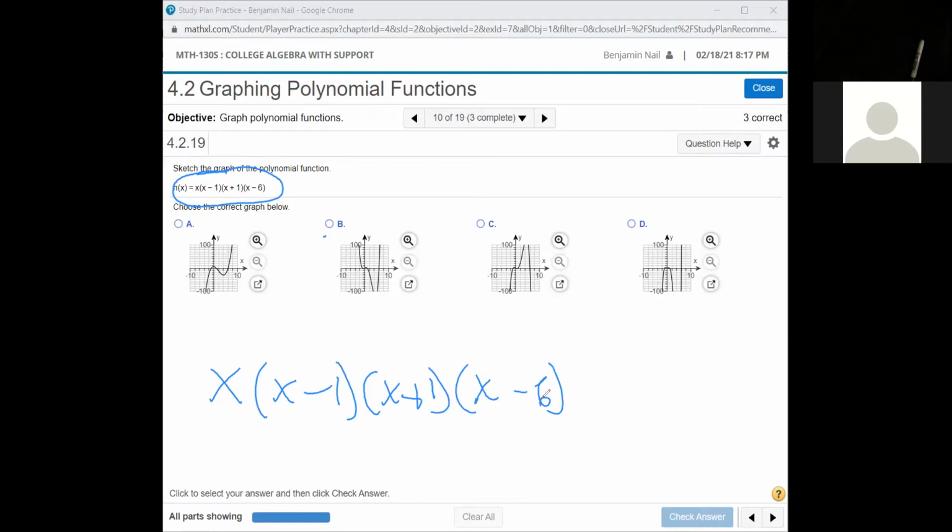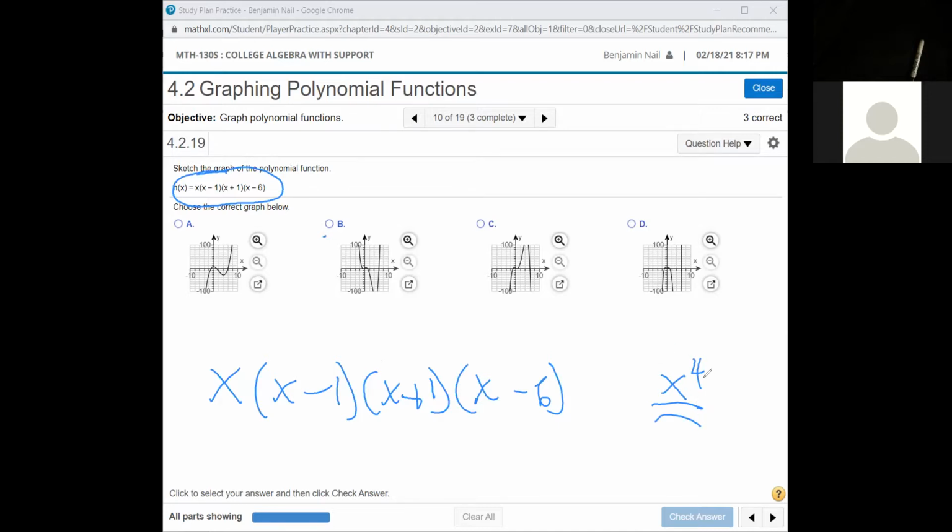So a couple of things we've got going on here. And I would look at end behavior first. So if we look, this has 1, 2, 3, 4 x's. There's no multiplicities within here. So this is an x to the 4th powered function. If we were to multiply this all out, we would end up with an x to the 4th power.